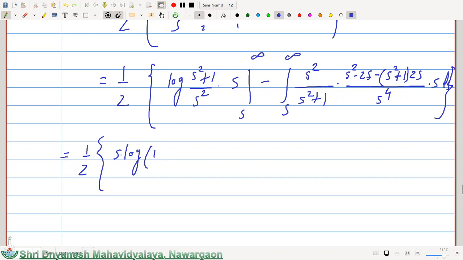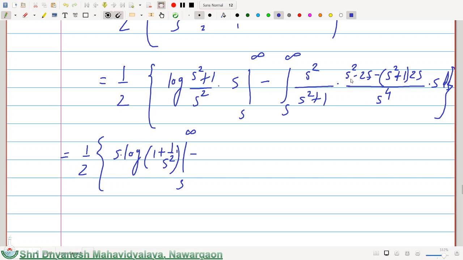You will get 1 plus 1 by s square. Limits are s to infinity, minus, here what will you get? See, this s square, this s cube, this s cube, and the s cube from here will get cancelled.